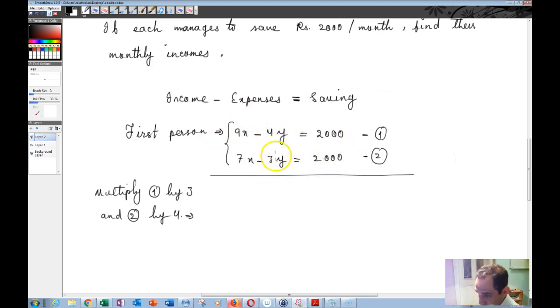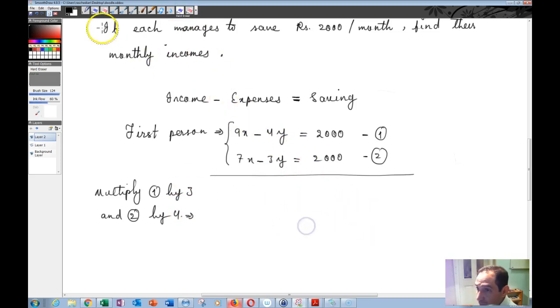Then I would have negative 12y, and I subtracted a negative 12y, so that would be negative 12y plus 12y, which is equal to 0, and that way my y's are going to be cancelled out. That's basically why I do this.